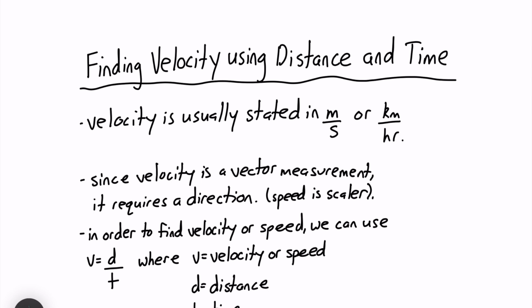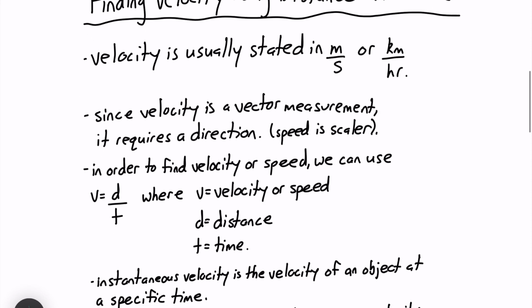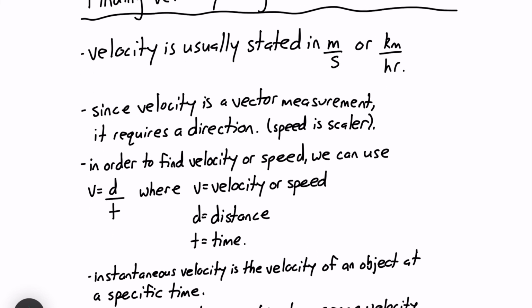Since velocity is a vector measurement, it does require a direction. I do have a video coming up relating to vector measurements and scalar measurements as well, so stay tuned for that. But speed is a scalar measurement, so it does not require direction, while velocity does.